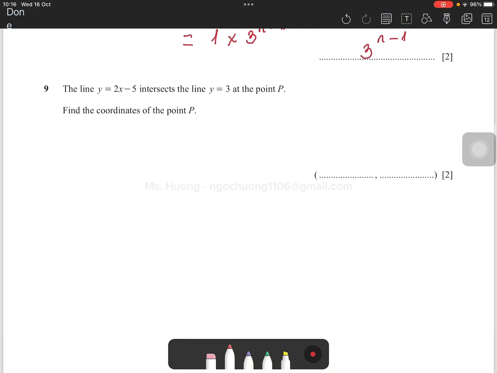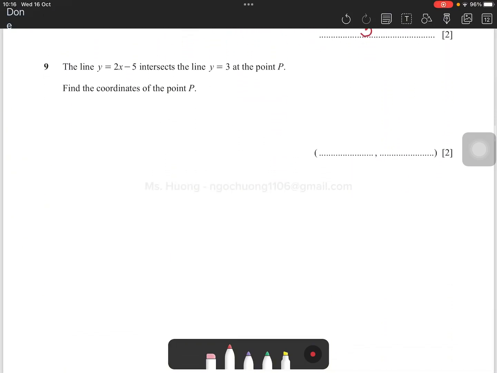Question 9. The line y equals 2x minus 5 intersects the line y equals 3 at the point P. So we find the coordinates of the point P. In this case, we see that the two y are the same. So, which means 2x minus 5 is equal to 3.